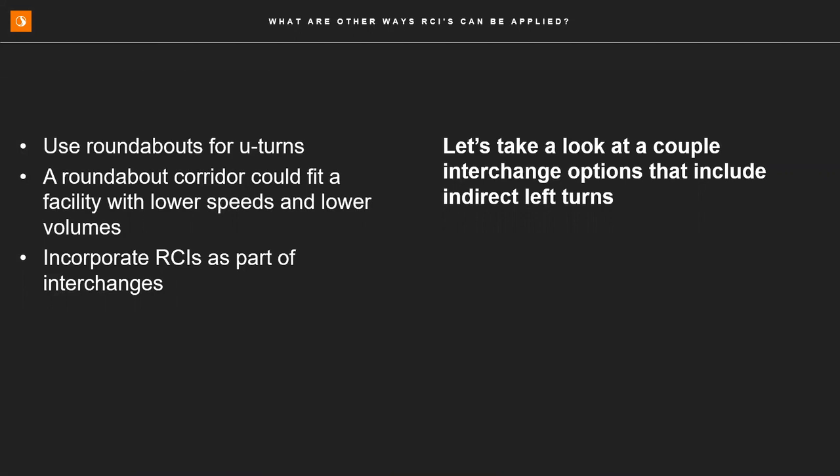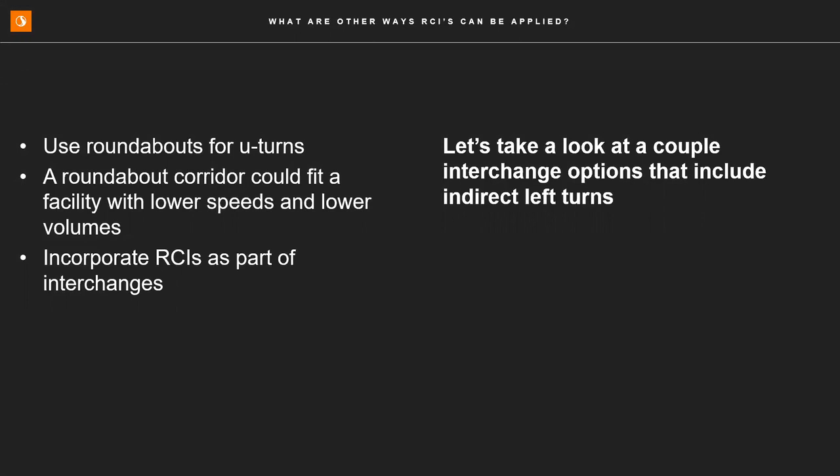There's also the concept of a roundabout corridor, where you have periodically spaced roundabouts, which don't necessarily have to be at a particular side street. They certainly can, but then all of your access in the middle, driveways or other accesses, or even roads, are what we call right in, right out, and they just utilize the roundabouts on either side of them for their left turn movements. You can also incorporate RCIs as part of interchanges.